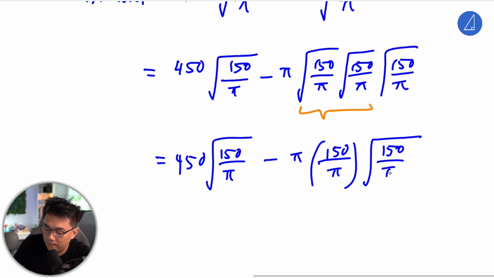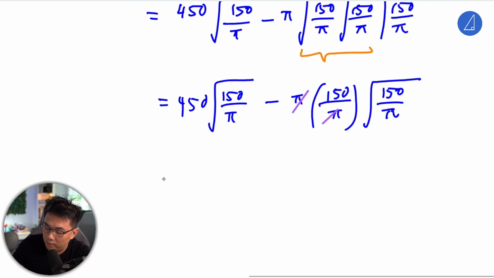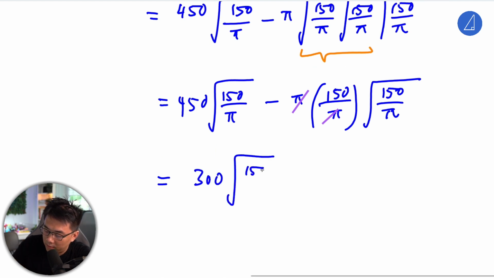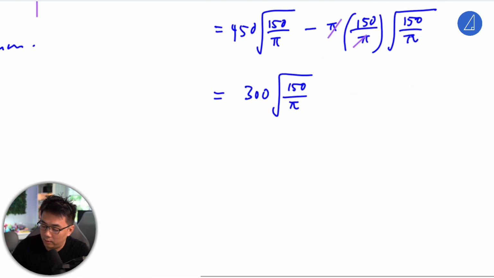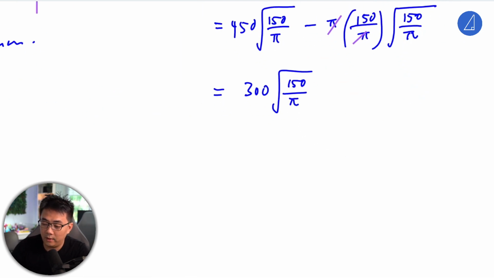So this is done. Cancel this off, 150 there. That will essentially be 450 minus 150, maybe 300, over 150 over pi. I'm pretty sure you could also rationalize this: 150 could be divided by 25.